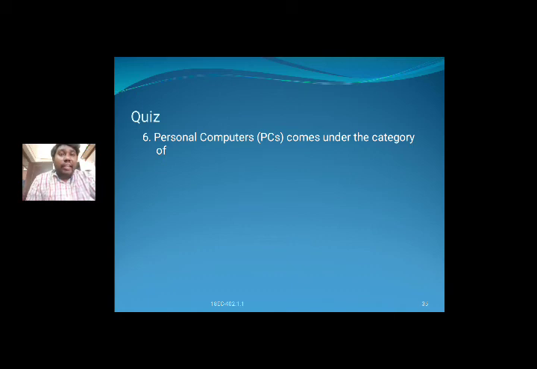And next question is, the personal computers, PCs, come under the category of option A, mainframe computers, option B, minicomputers, option C, microcomputers. Our answer is microcomputers. The PCs come under the category of microcomputers.